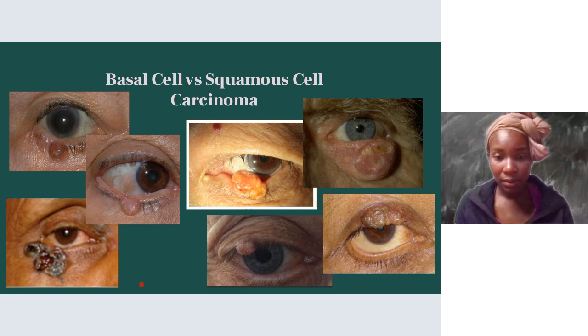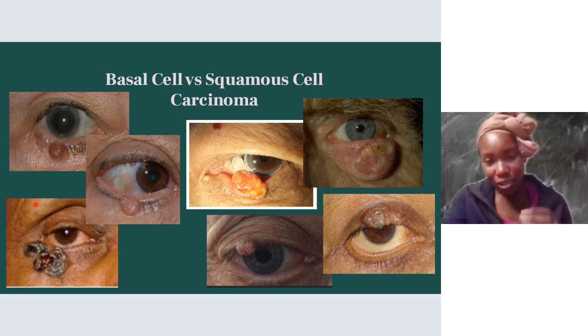The left one, yes. So the biggest thing to notice between basal cell and squamous cell is that basal cells generally look flatter. Squamous cells are more elevated. See, even this one here, which looks disgusting and very large, it's still pretty flat. But all of these ones here, they're all raised.